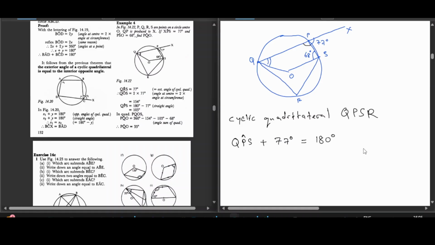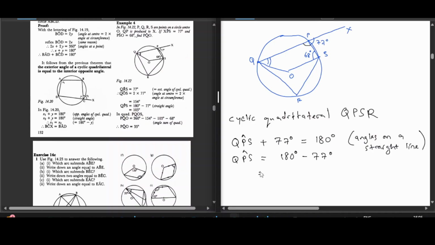Why is that? Because these are angles on a straight line, and we know that angles on a straight line are equal to 180 degrees. So to find what we are looking for, QPS is equal to 180 degrees minus 77 degrees.